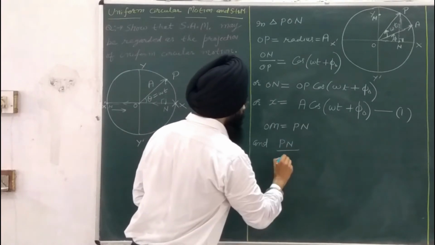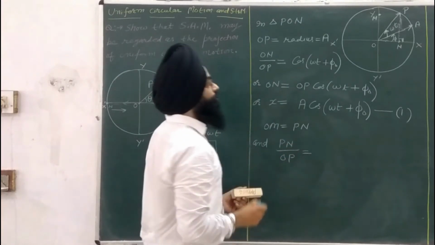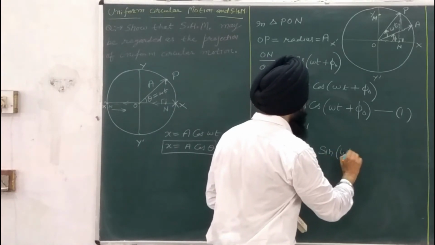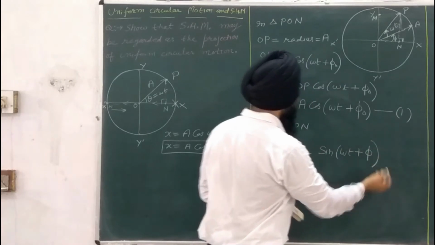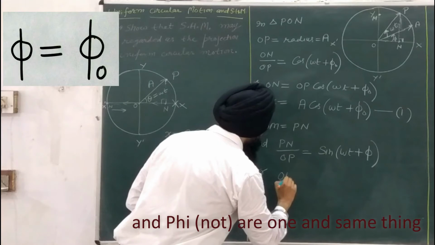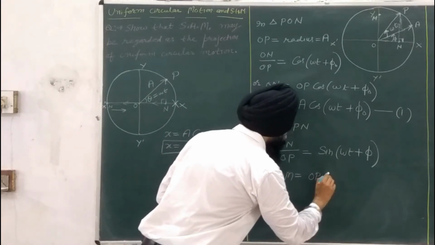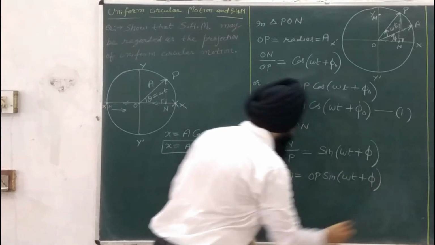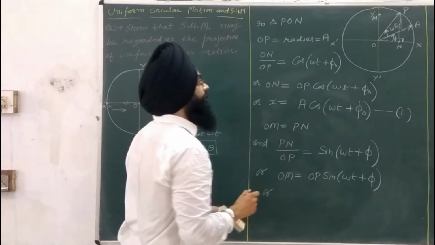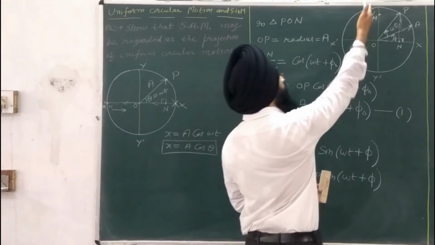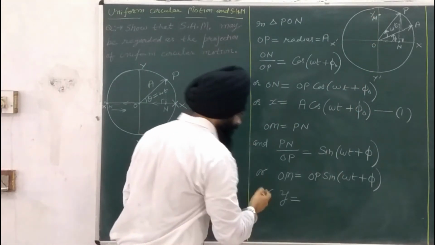PN upon OP is equal to sine of angle, sine of omega t plus phi here, or PN, which is equal to OM, is equal to OP sine of omega t plus phi, or OM is equal to, we can say it as y, because the displacement is along y dash axis here.